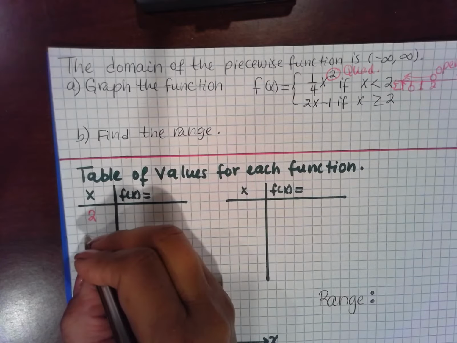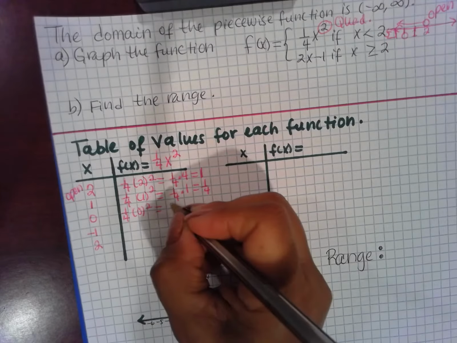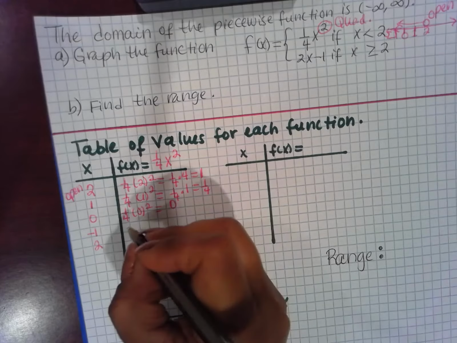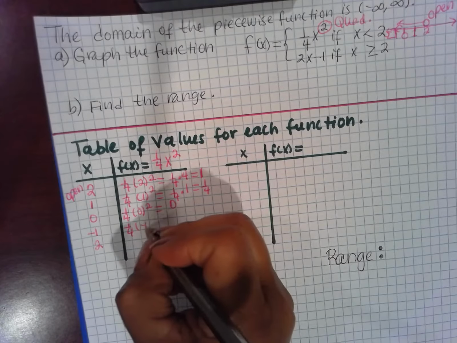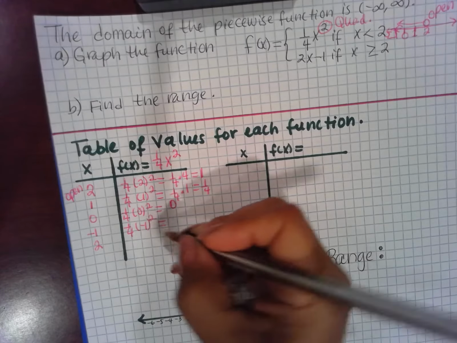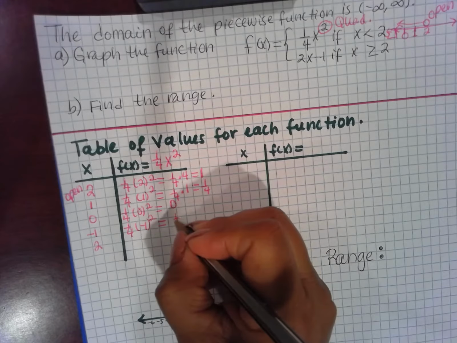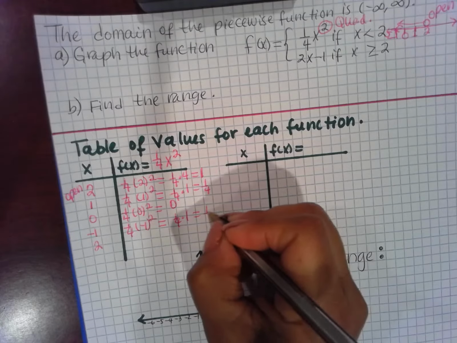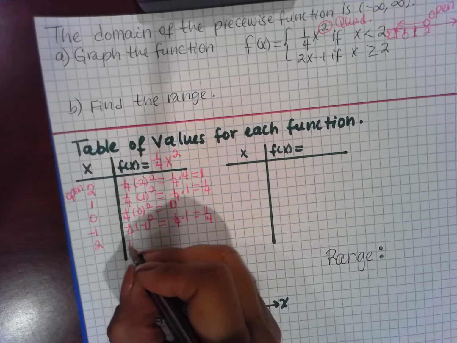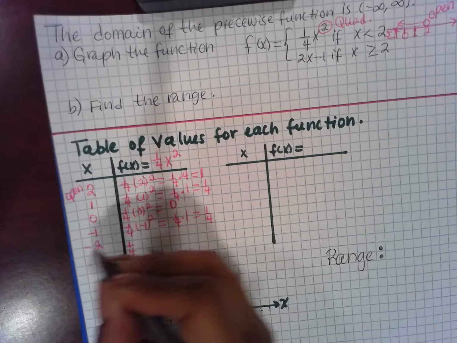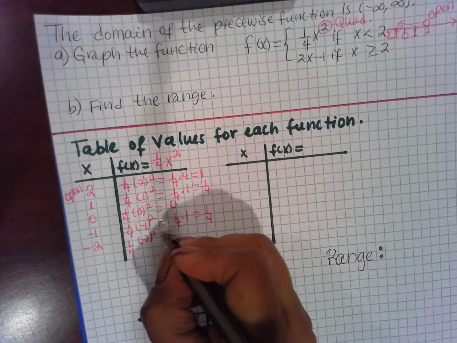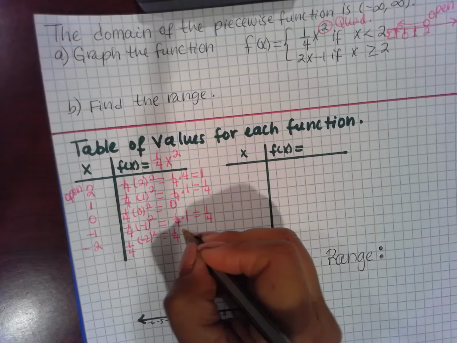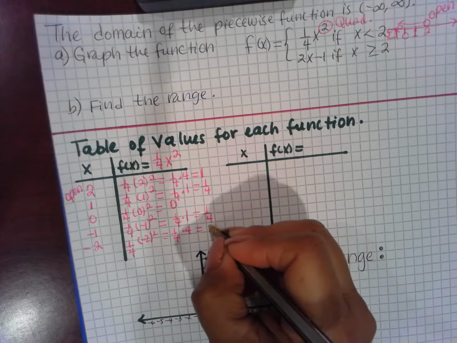Third point, 1/4 times 0 squared equals 0. 1/4 times -1 squared is equal to 1/4 times 1 equals positive 1/4. 1/4 times -2 squared is 1/4 times positive 4 equals 1.